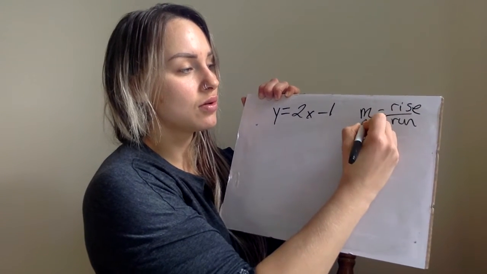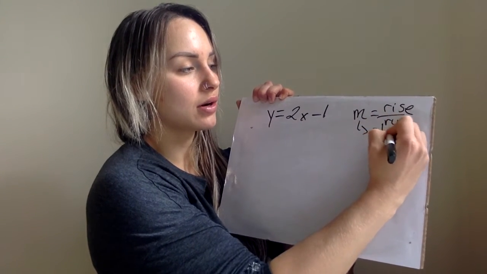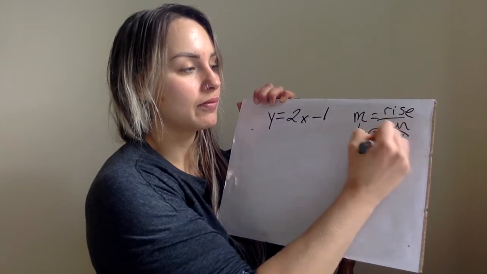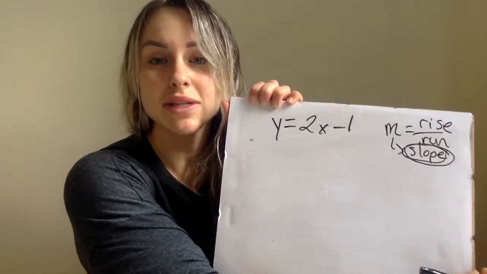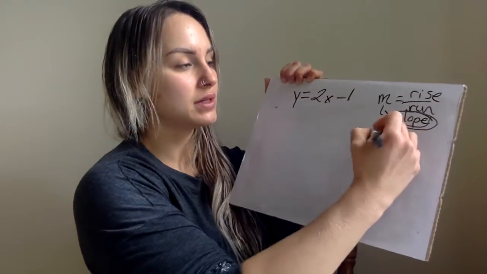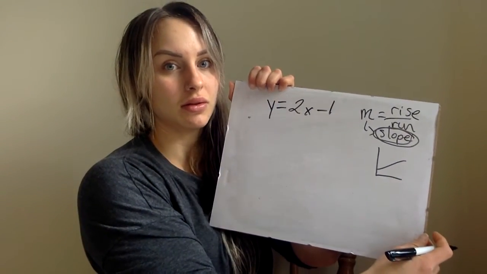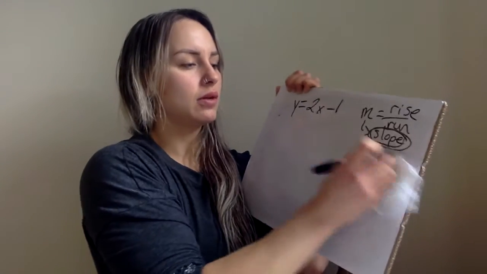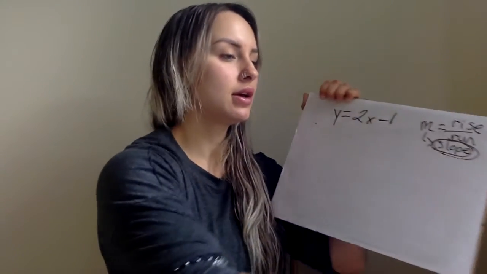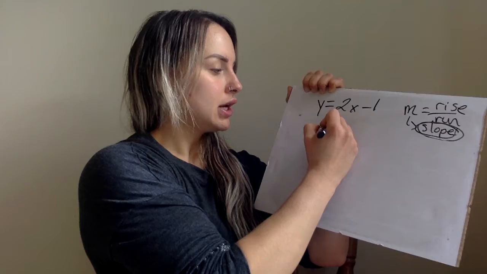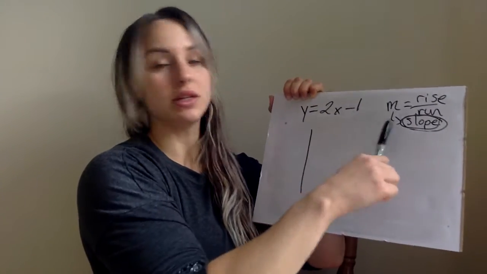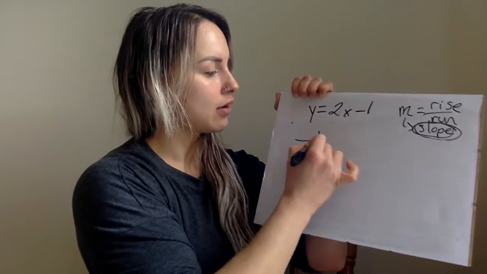So this is also referred to as our slope. What slope is asking for is just how steep the graph would be. Okay, so we're going to erase that. You didn't really need to know that until the next part, but that's okay, at least you know now.